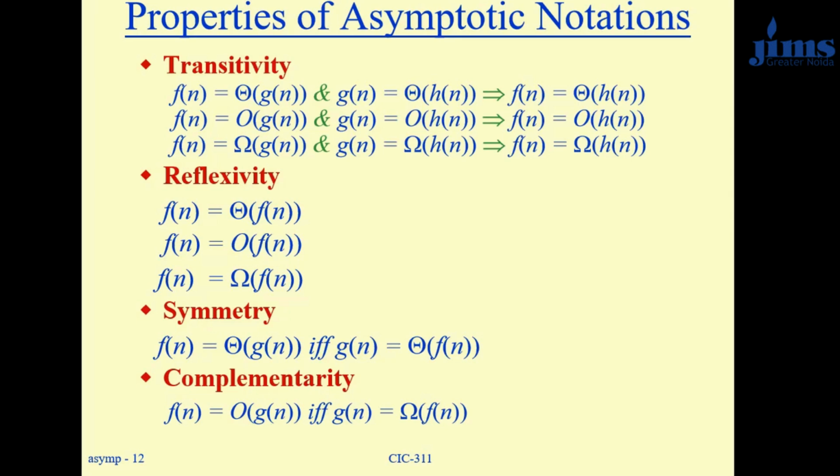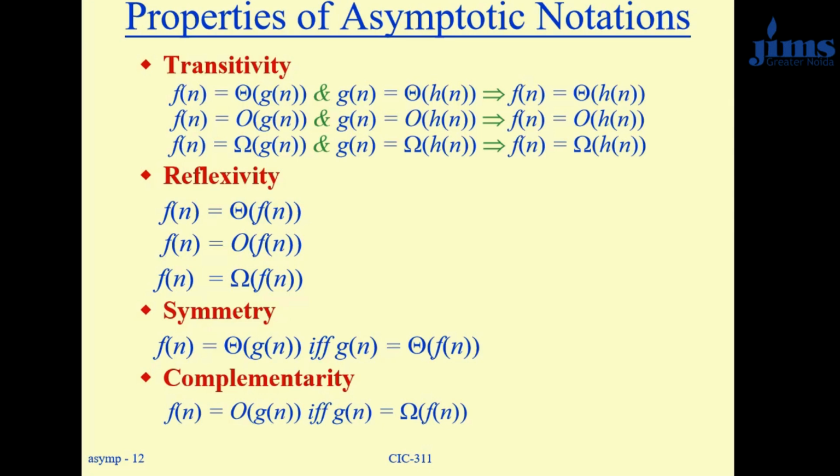Since it satisfies the criteria, it is related to itself via big O notation. That is why big O is reflexive. Similarly, omega notation demands the lower bound. In that case, c·g(n) should be less than or equal to f(n), and since equality is included, the function is related to itself via omega notation. So omega is also reflexive.